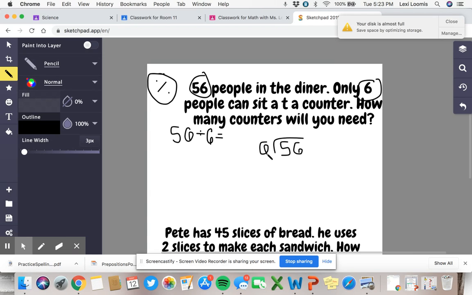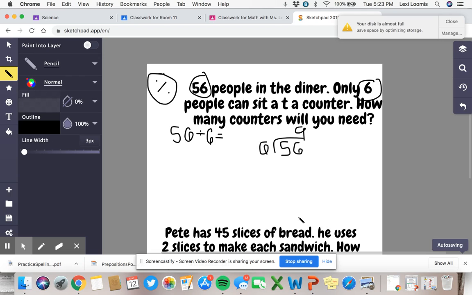You want to think in your head, 6 times what number equals 56? You can think what gets you closest to it. I know 6 times 9 is 54, and that's pretty close to 56. So I'm going to go ahead and put my 9 up top here.